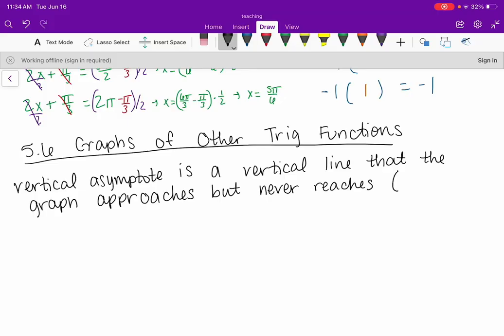I'm also going to put a note here that it cannot cross either. So a graph cannot actually cross or ever really reach its vertical asymptote.